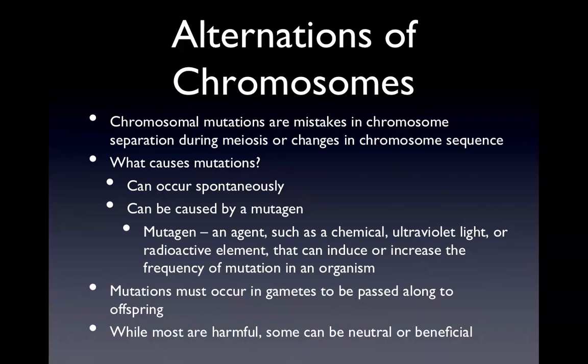All right, and when they are beneficial, okay, so when they're good for the organism, they increase that organism's fitness, allow that organism to have more offspring than somebody without that trait, all of a sudden that becomes an increase in its fitness. Natural selection will probably select for it, and it becomes beneficial for the population as a whole as that mutation continues to become more prevalent, all right, or more frequent. Okay, so that's sort of mutations in a nutshell.